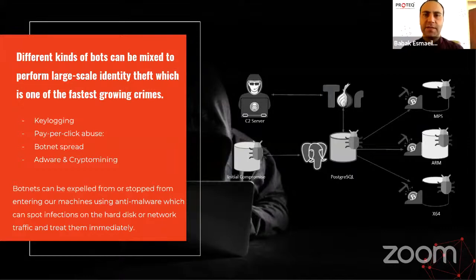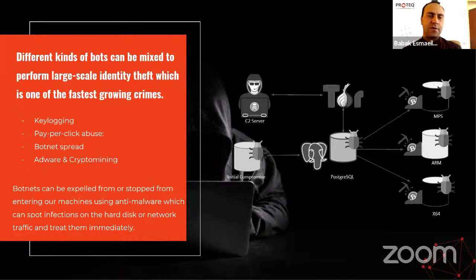When it comes to different kinds of bots, let's say in botnets, those botnets perform some actions on the infected systems. One of those actions is keylogging. What is keylogging? You may have heard about keyloggers.